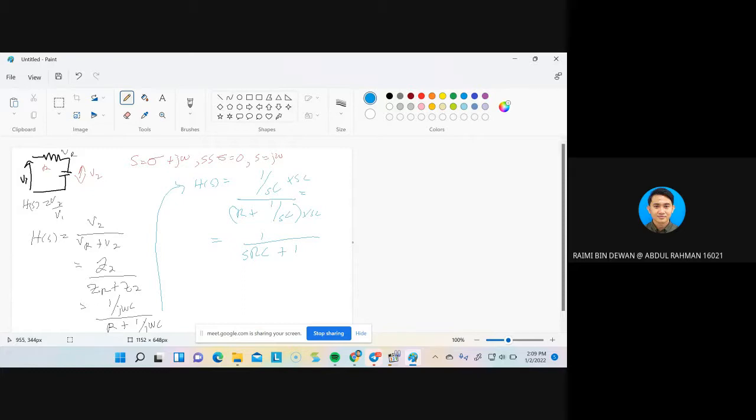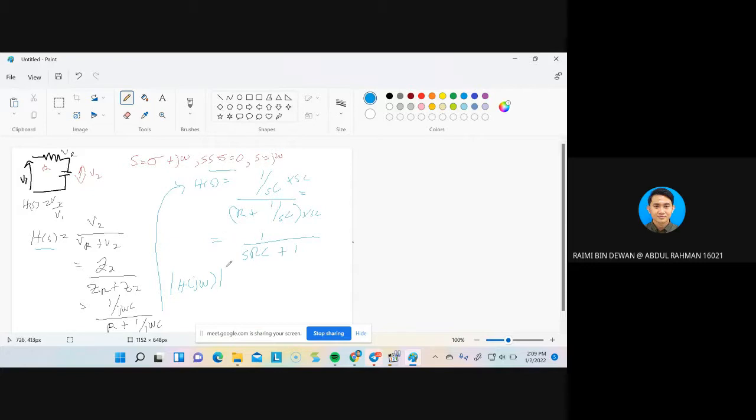And then if you want to get the magnitude, the magnitude is always positive, right? So if you see all of this is in Hs, you can change it to j omega, because at steady state, when sigma is 0, s is equal to j omega.